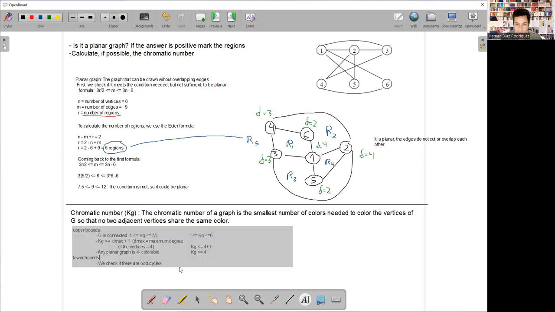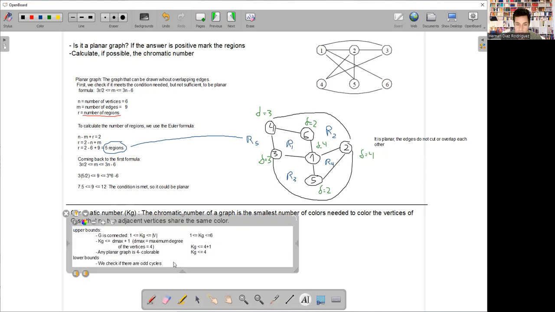Okay, so the answer is yes. We have the cycle 1, 2, 5, which is odd. So that means that G is not 2 colorable, right?